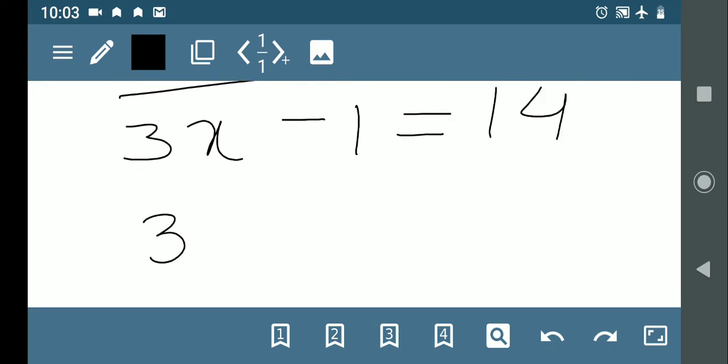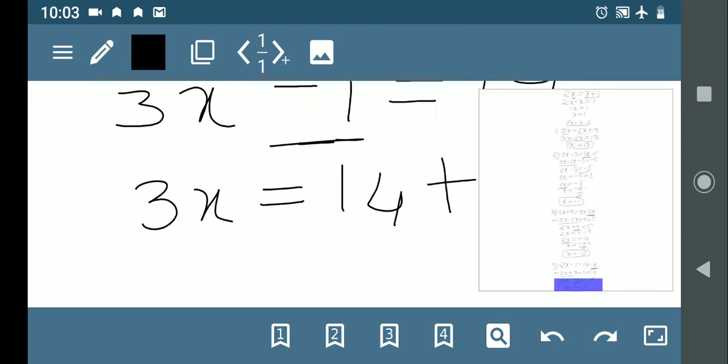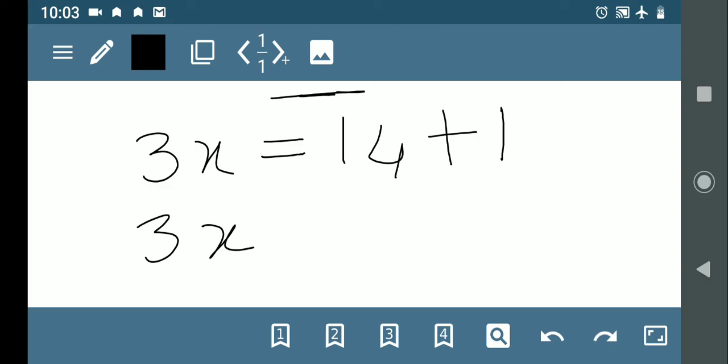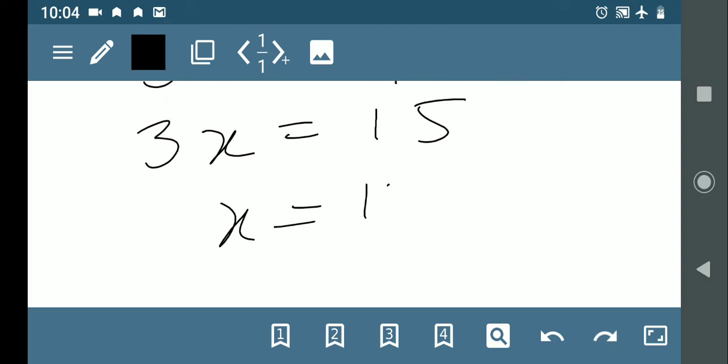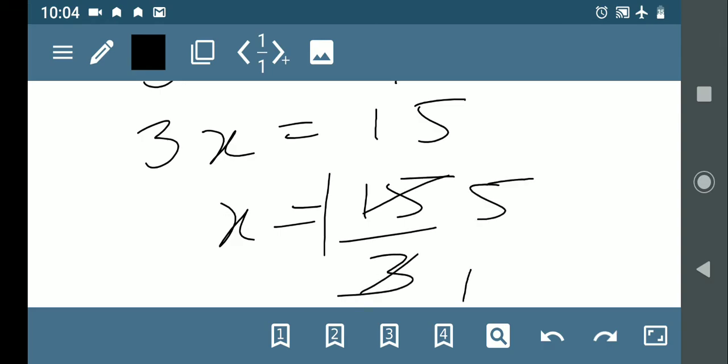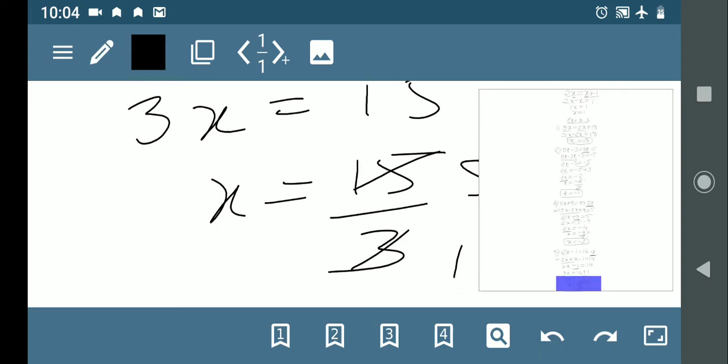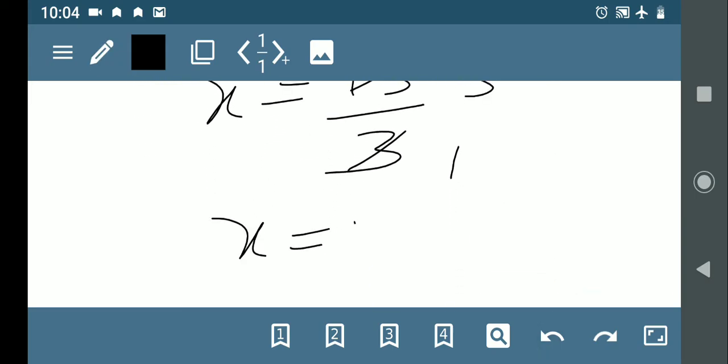So now 3x is equal to 14. Minus 1, take it to RHS, it becomes plus 1. So 3x is equal to 15. x is equal to 15 by 3. 3 fives are 15. x is equal to 5.